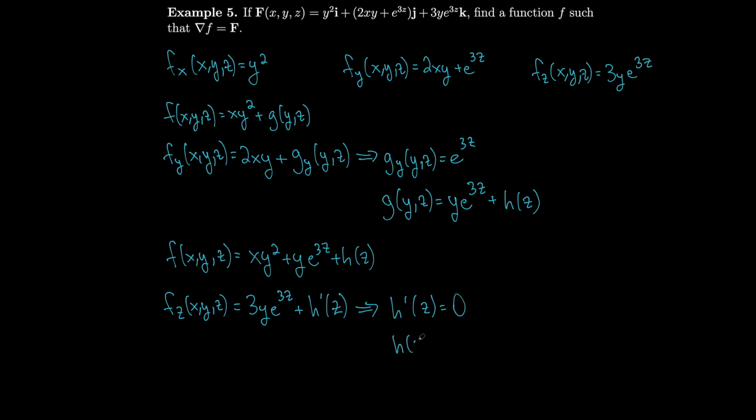Anti-differentiating with respect to z, we get that h of z must be some constant k. So now we're pretty much done. We have our potential function, equal to xy squared plus y e to the 3z. And notice our function h of z is just our constant k, and that's our potential function.